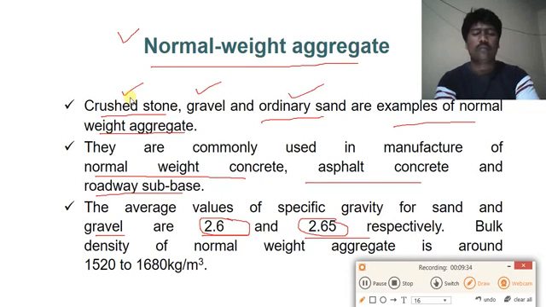The bulk density of normal weight aggregate is around 1520 to 1680 kg per meter cube. Kg per meter cube is the unit of unit weight, that is weight per volume. So this is about normal weight aggregate.